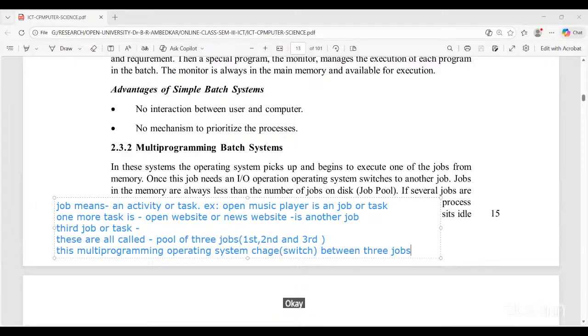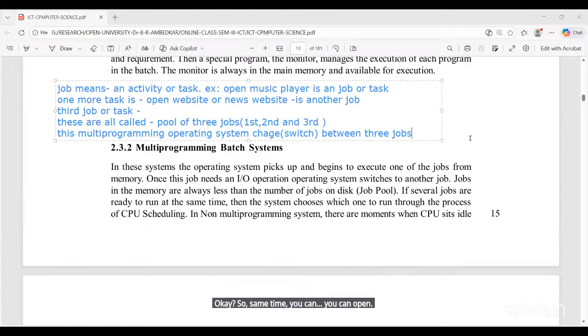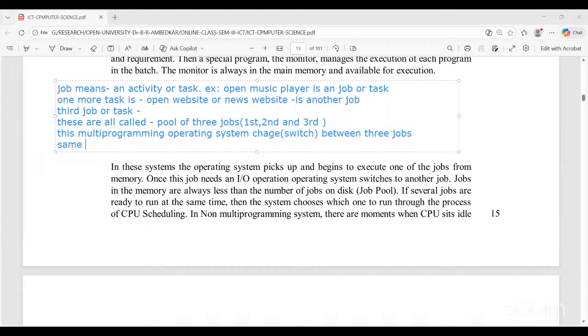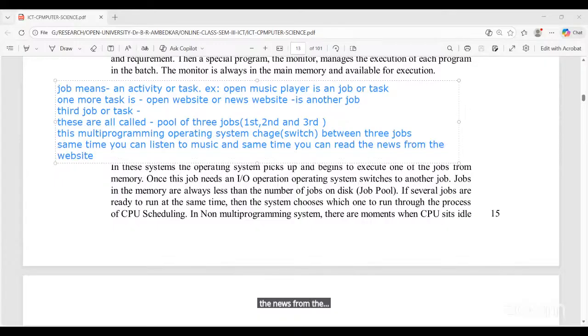So at the same time you can open and listen to music, and at the same time you can read the news from the website.